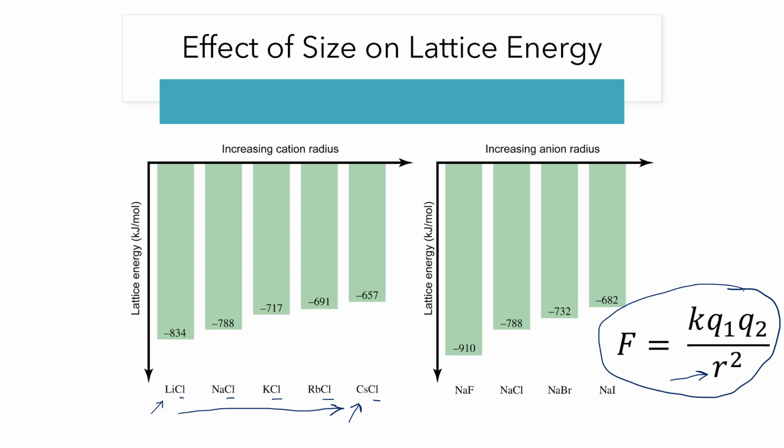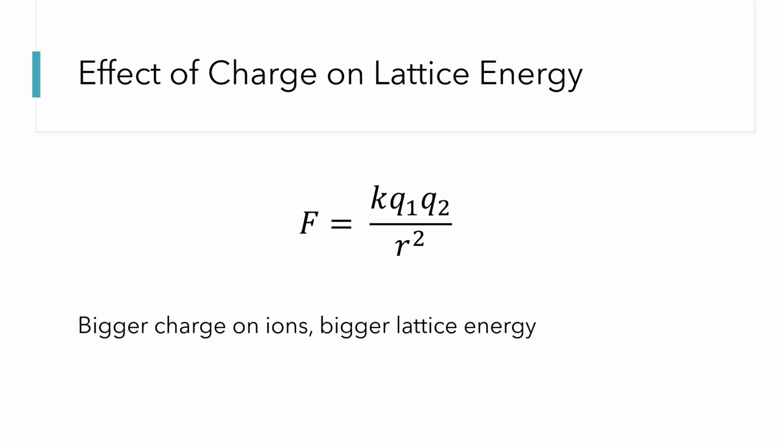So as the anion gets bigger, going from fluorine to iodine, the lattice energy gets smaller. So a bigger space between charges means a smaller lattice energy, and a smaller separation between charges because you have a smaller cation or a smaller anion means a bigger lattice energy.